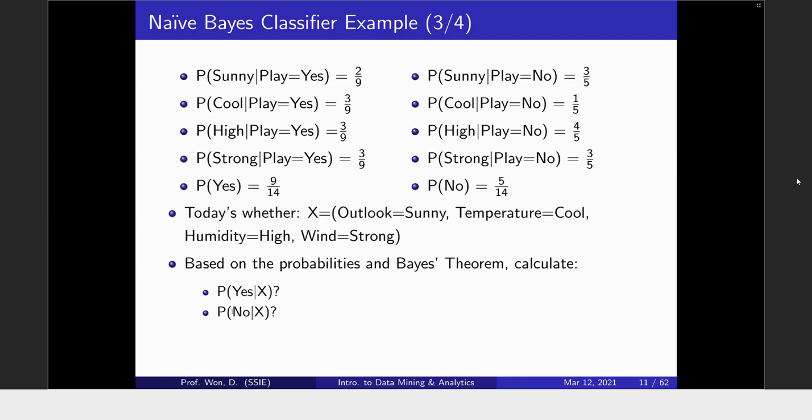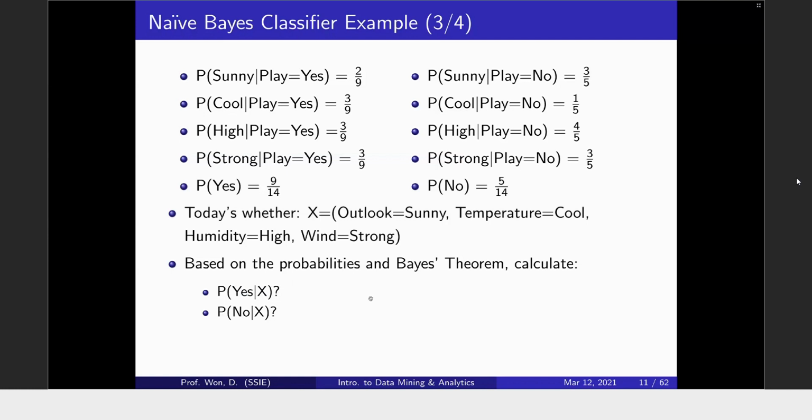We can predict. And then the next question is how we can predict these two probabilities. And based on these probabilities, we are going to choose the most probable outcome, in this case yes or no. Got it?